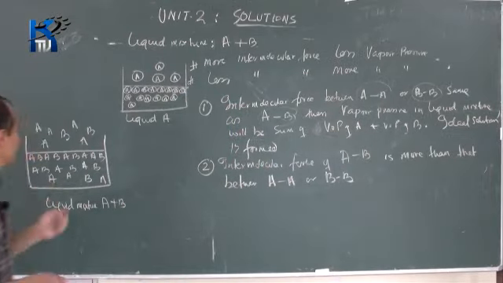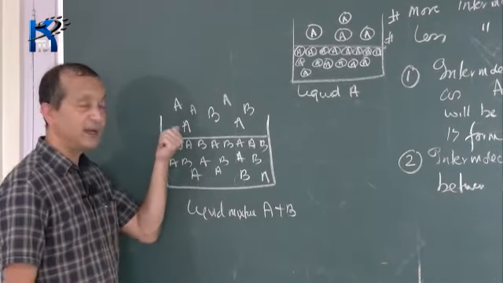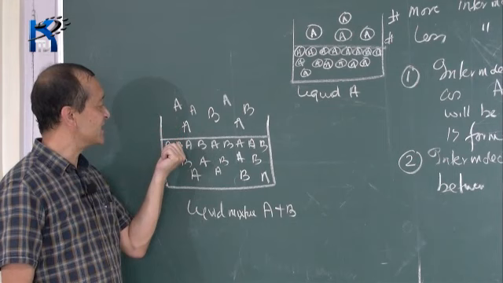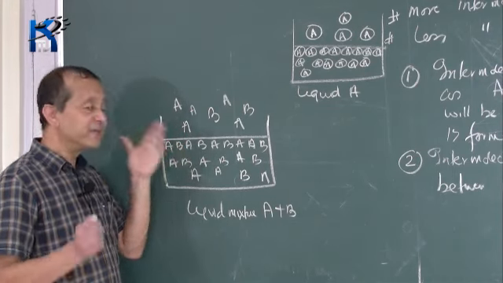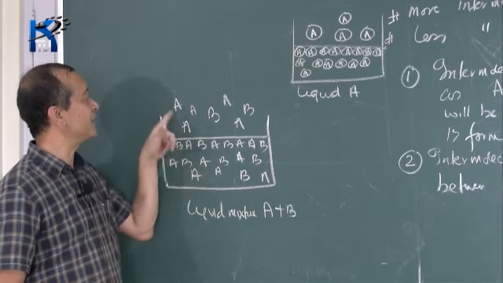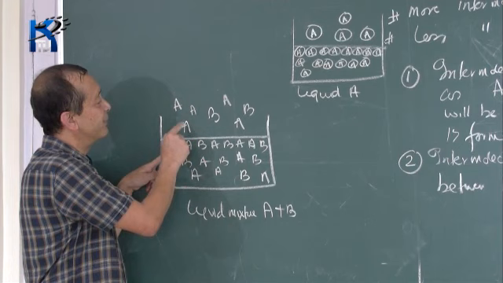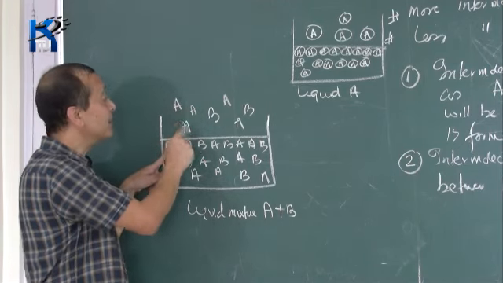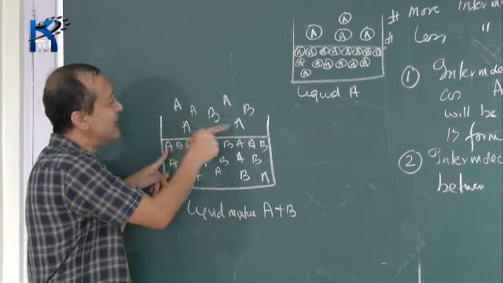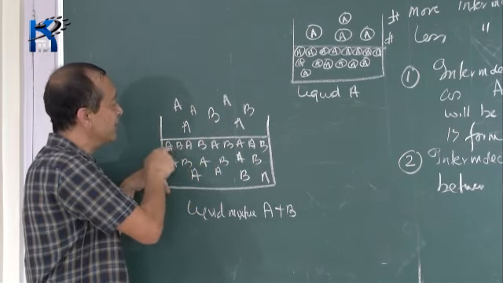Now see the situation. If the intermolecular force of A and B is more than between A and A, the number of molecules of A that can escape into this space will depend upon the intermolecular force.